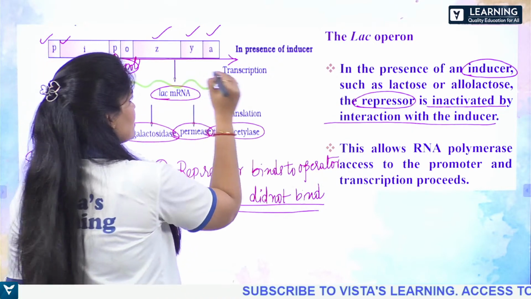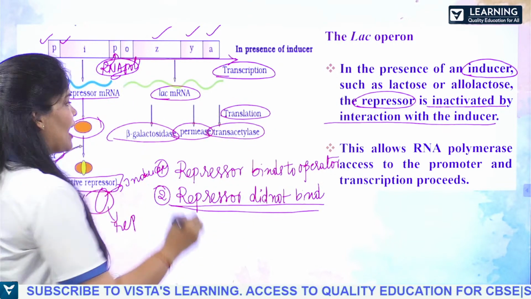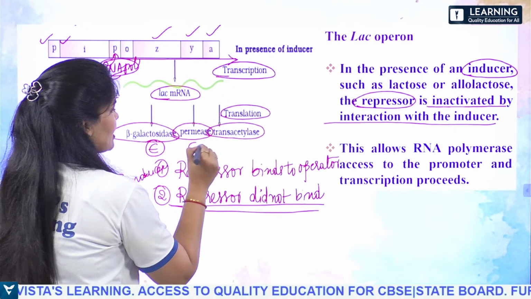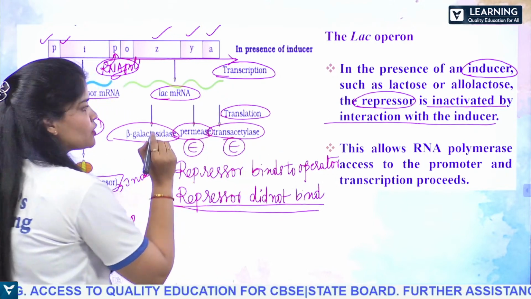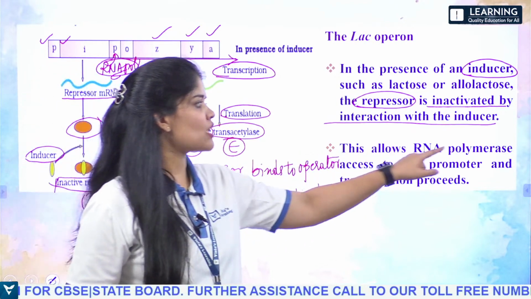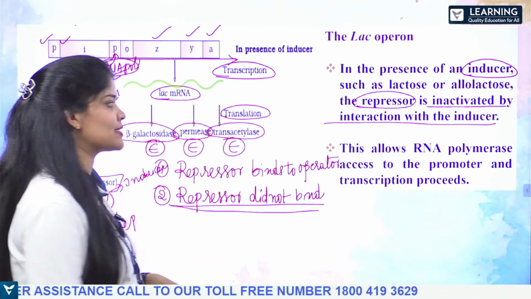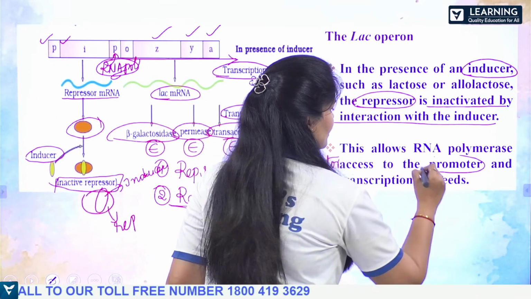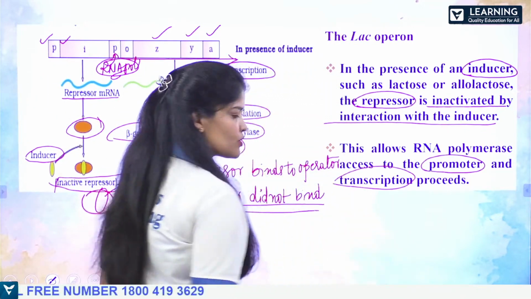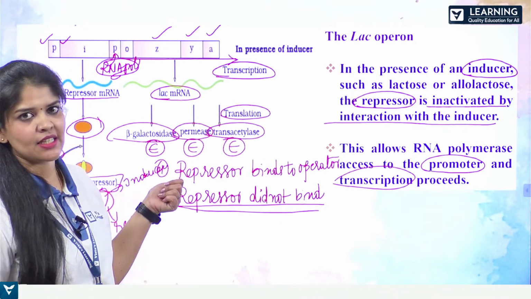Further it will be translated into enzymes: beta galactosidase, permease, and transacetylase. This allows the RNA polymerase to get access to the promoter, and transcription and translation proceed to produce the enzymes.